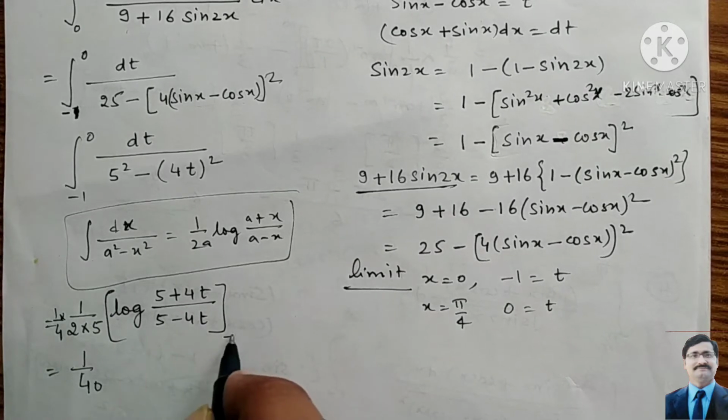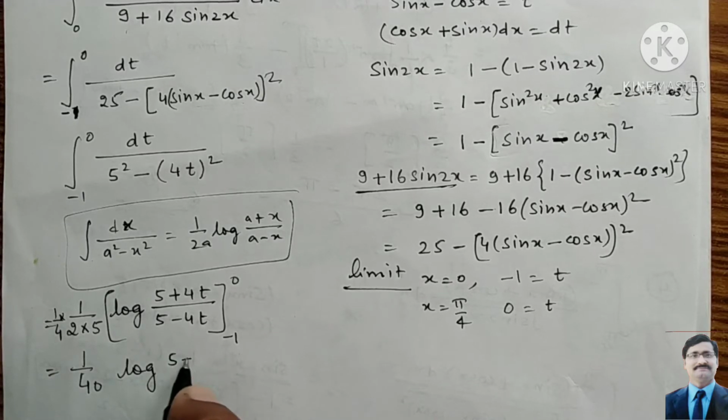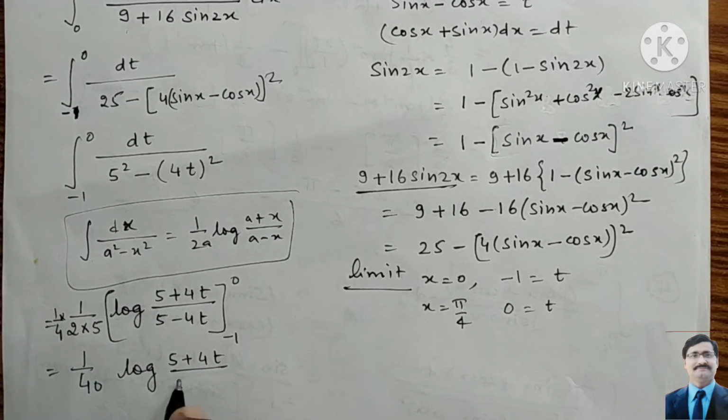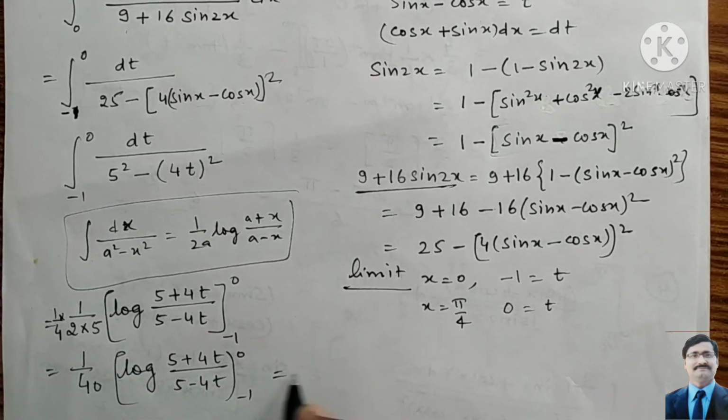Your limit is −1 to 0. So 1/40 log((5 + 4t)/(5 − 4t)), with the limit −1 to 0.